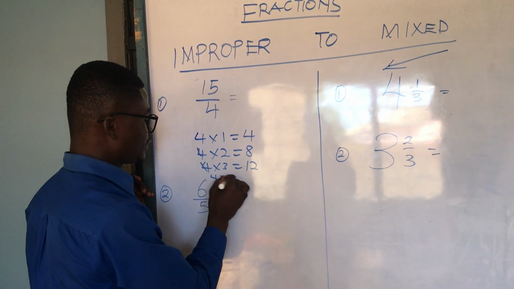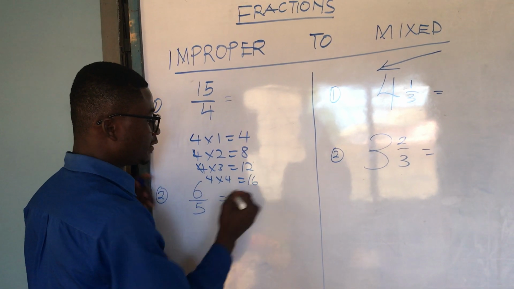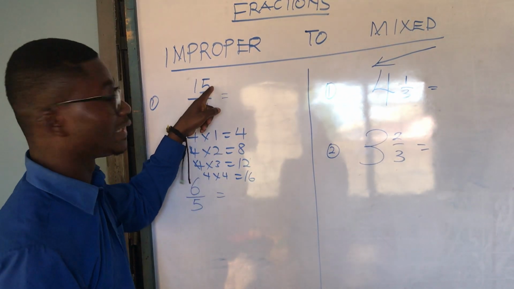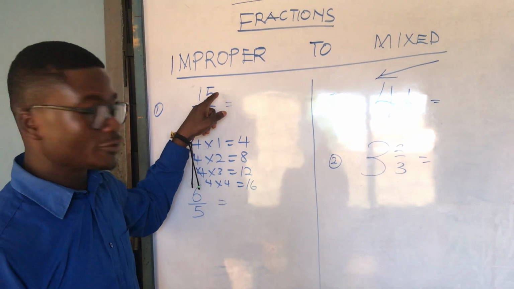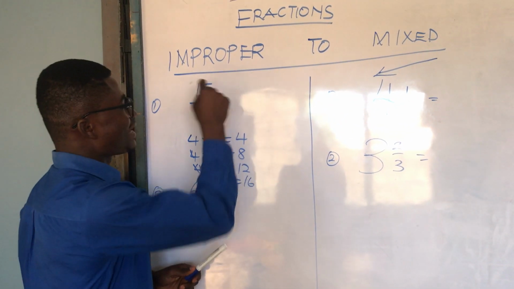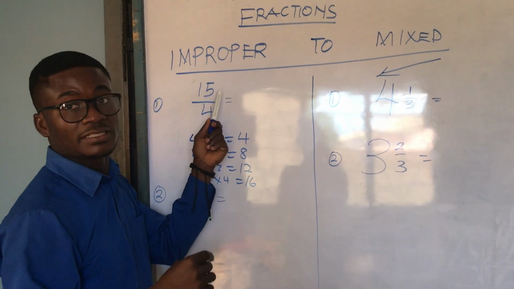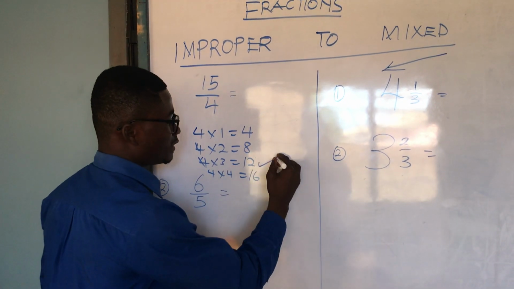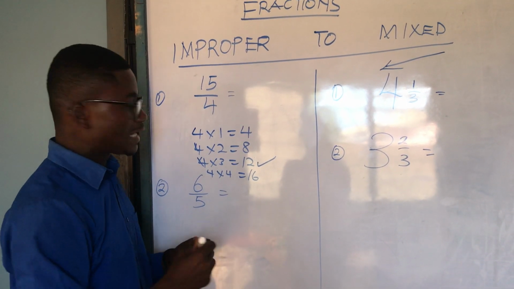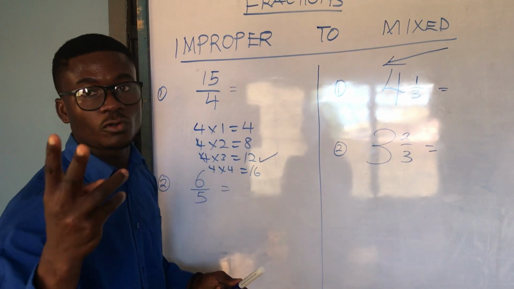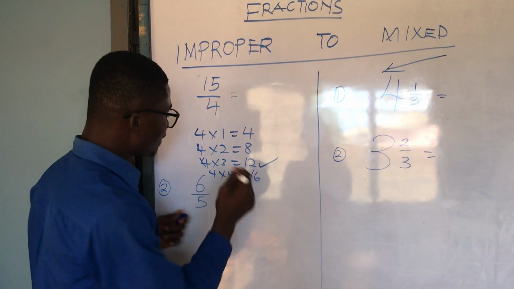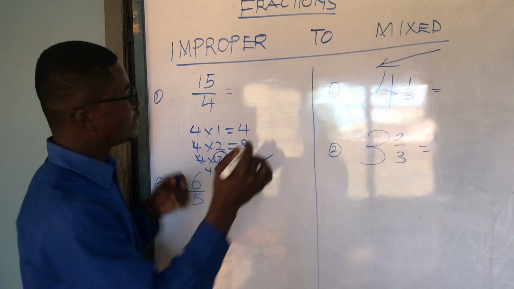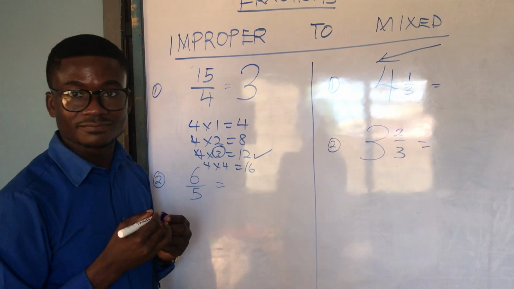And 4 times 4 is 16. Now let's stop here. 16 is more than our numerator, so we have to select the number that is less but close to the numerator. So it is 12. How many times did we multiply 4 to get 12? It's 3. So our whole number is going to be 3.